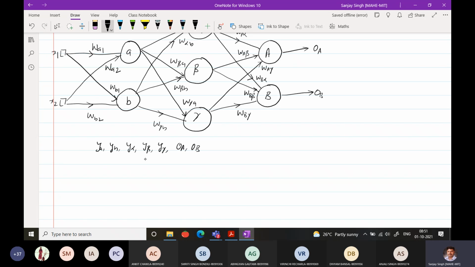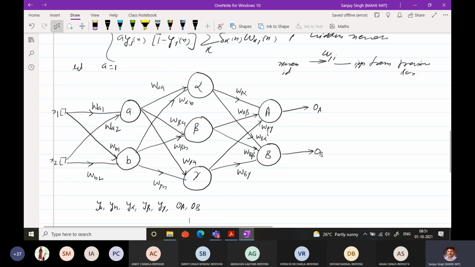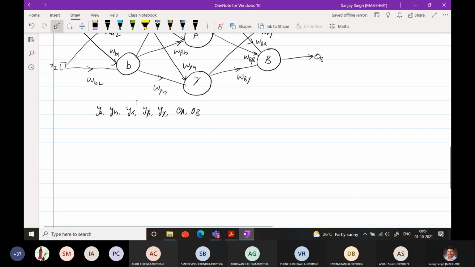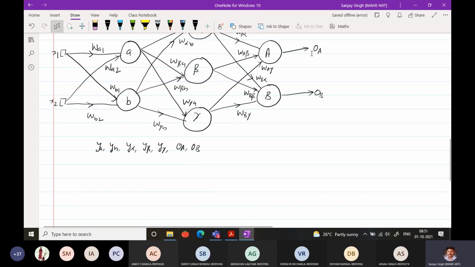That is the forward signal, calculated by the process explained earlier. Now this has been done, I have to backpropagate. D is the desired output corresponding to the input applied at the nth time instant.